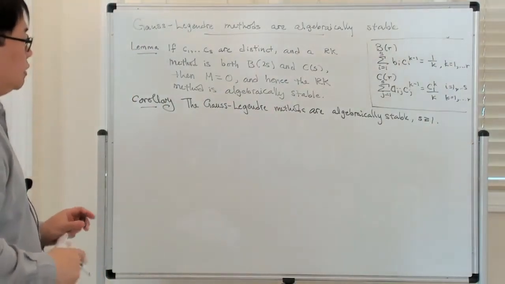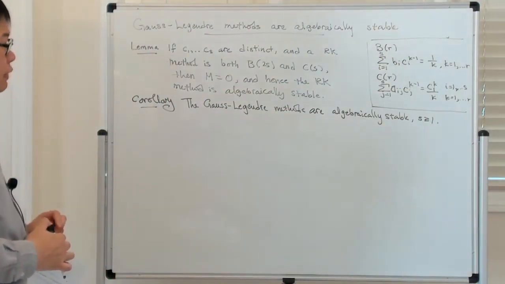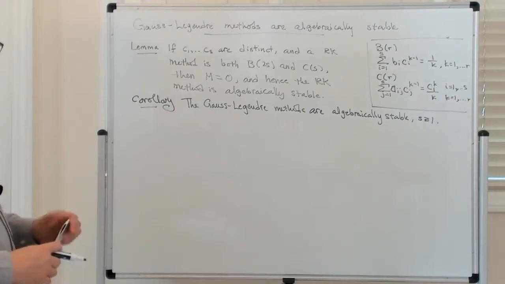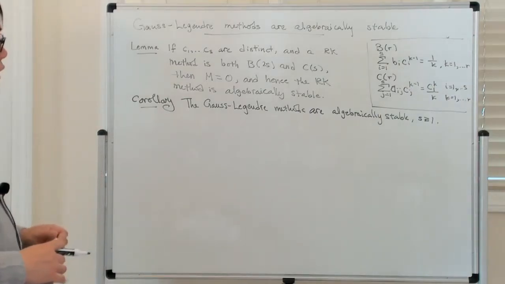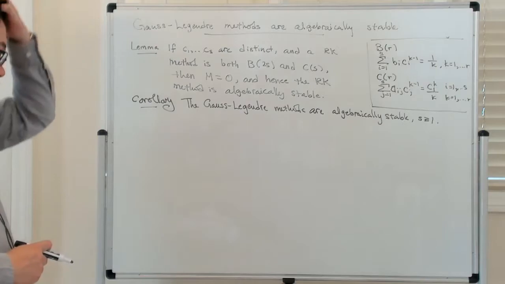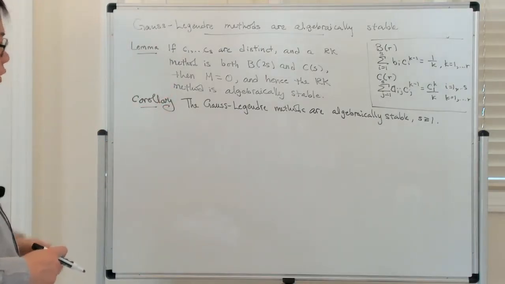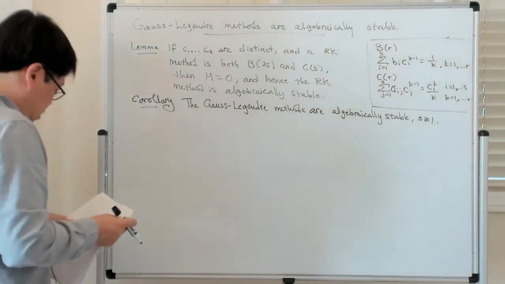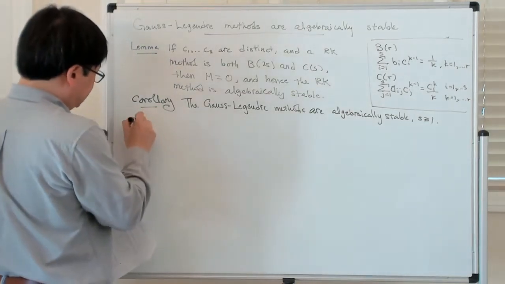If you recall, the Gauss-Legendre methods are the collocation Runge-Kutta methods you get when you use the roots of the orthogonal polynomials of maximal degree. Okay, so let's prove this.